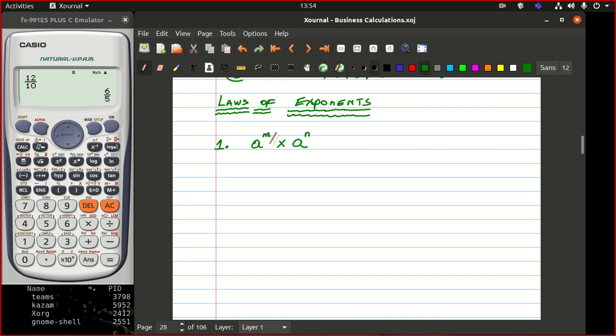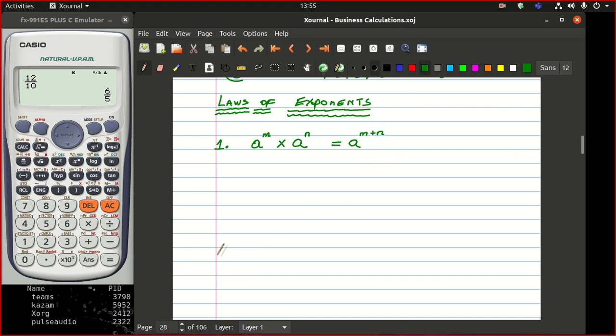I want you to realize that I have this power here and I'm multiplying it by that power. When multiplying powers of the same base, you can see that both powers have the same base, which is a. So what do you do? You keep the base and add the exponents. That is the final result you're supposed to have.